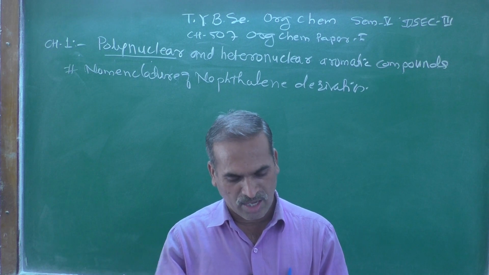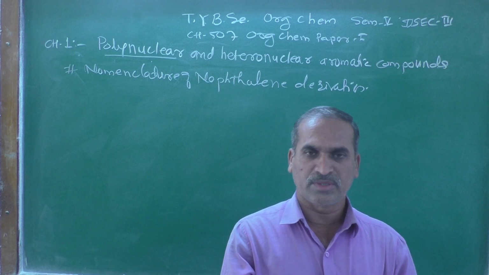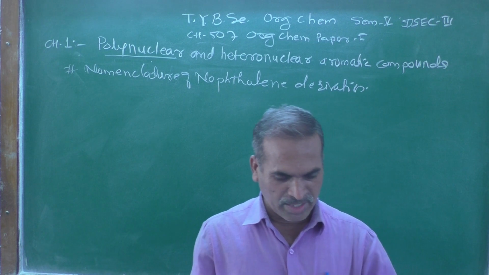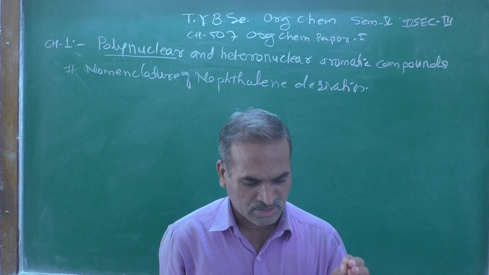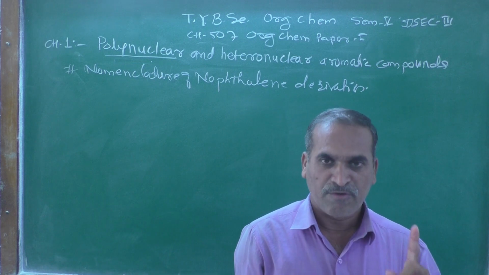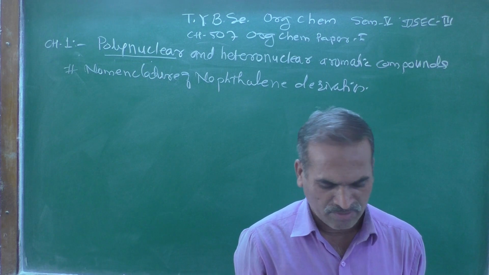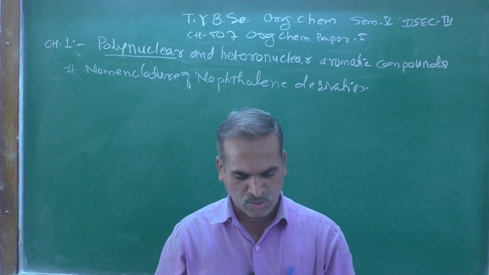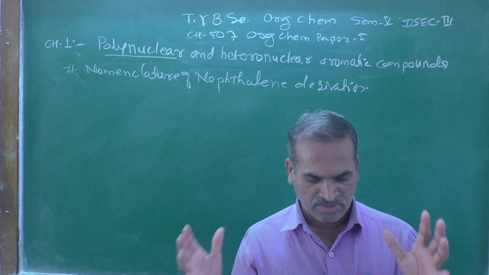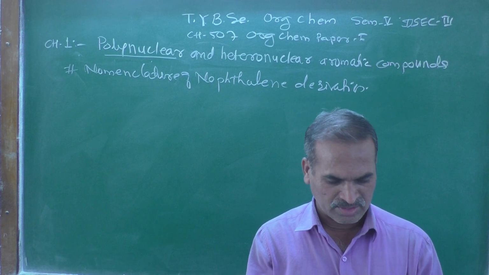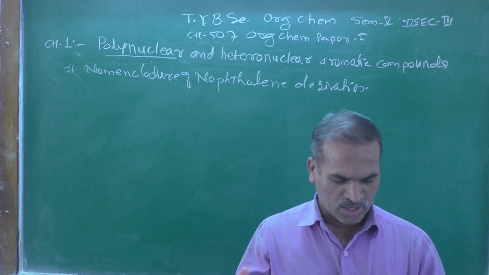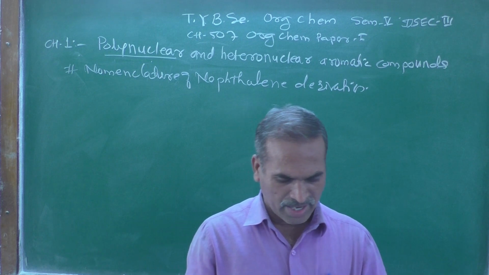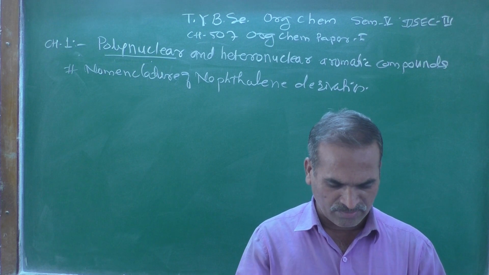Occurrence of naphthalene: all these hydrocarbons are obtained from coal tar, naphthalene being the most abundant, about 5% of the constituents of coal tar. Coal tar is further fractionated into light oil fraction, middle oil and heavy oil fraction.